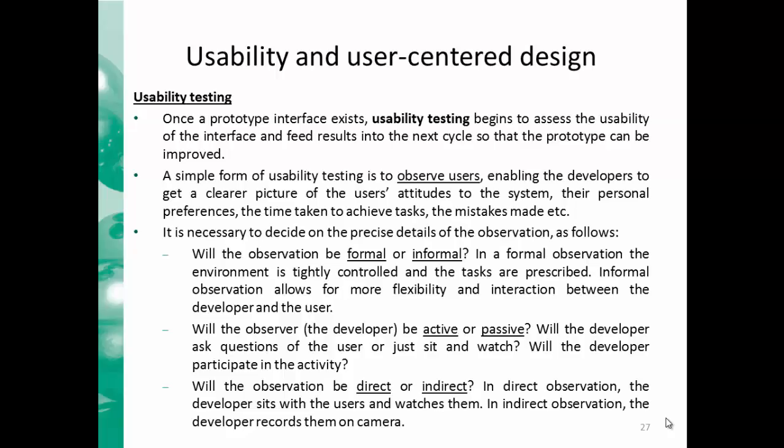You also can test your interface by observing the user using the interface and recording what you find from that observation. This observation can be formal or informal, and the observer can be active or passive. And this observation can be direct or indirect.